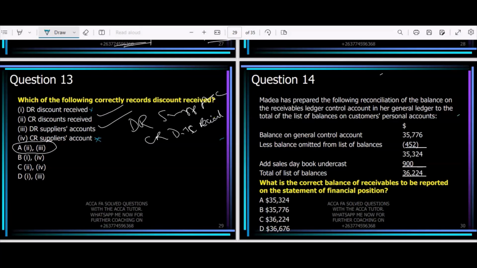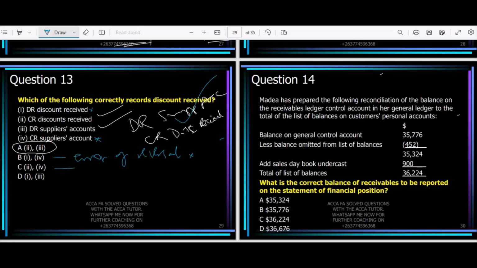This is a complete reversal. So it is an error of reversal, a reversal of the correct double entry. So that one is wrong.